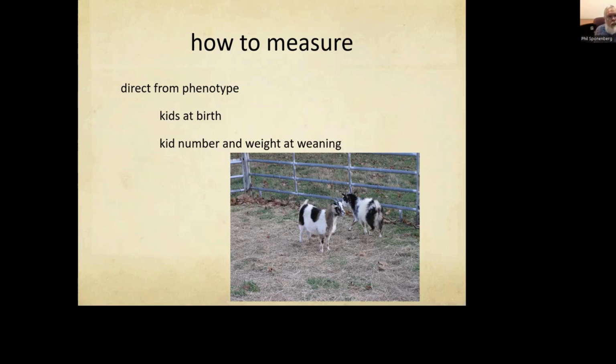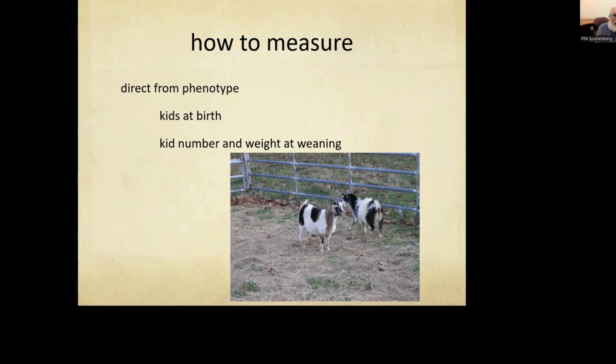Now, if you're raising goats on pasture, or especially if you're raising meat goats, that's going to be a little bit different. You may actually want to focus on the kid number and the kid weight at weaning. Those of you that have been doing this for years know that a moderate set of twins is going to weigh more than a really good single. And so that's why the weight is important, but also the kid number.